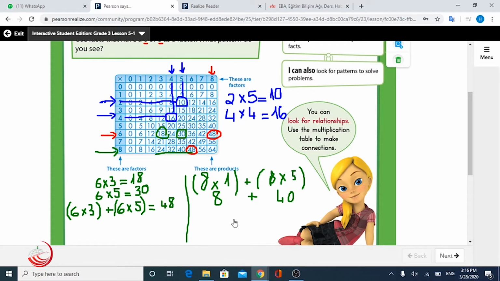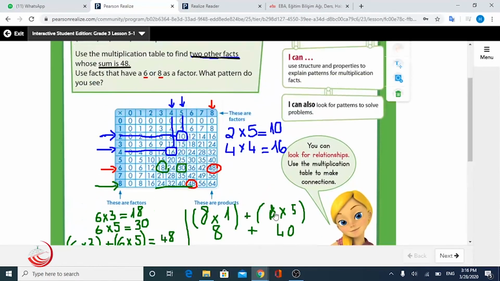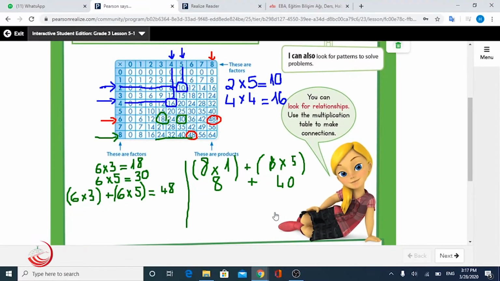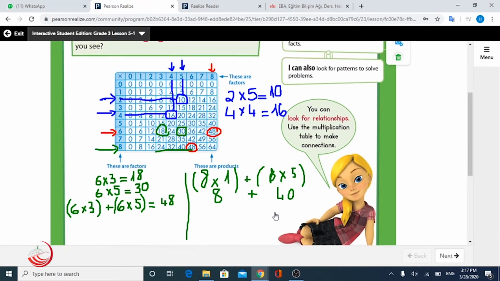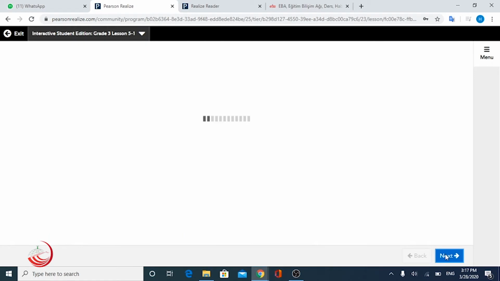Excellent. So I think now you are on the way to understanding the multiplication table better. All right, now let's move to the next page.